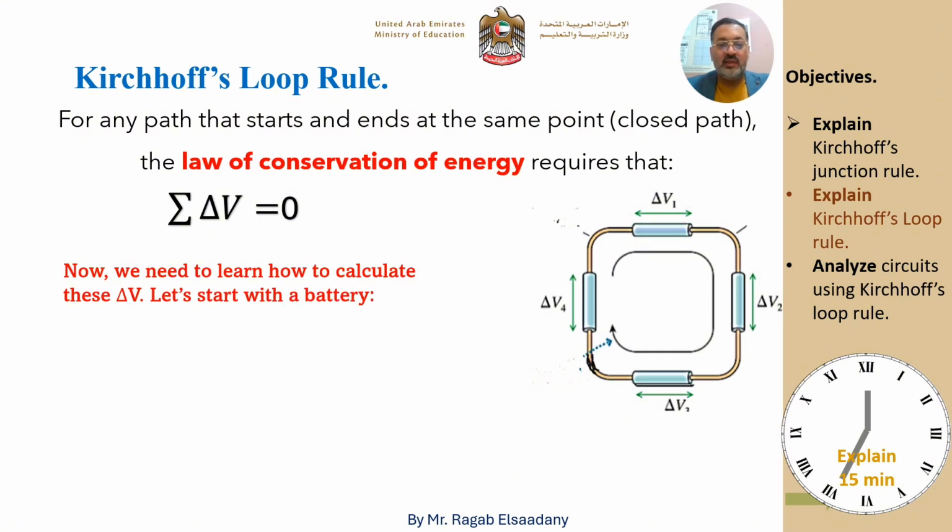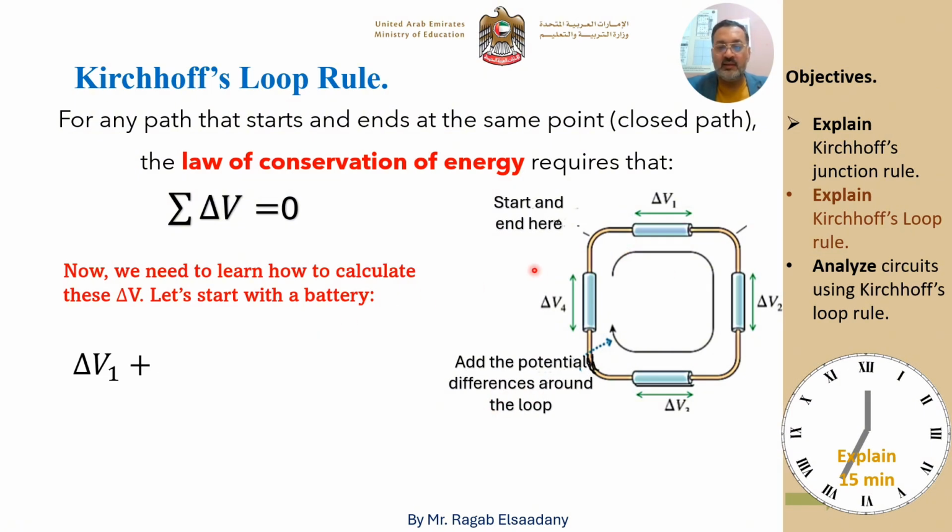Let's start with a battery or any position, like this start and end position here. If we start from here, we will go around the loop and come back here. This is a closed loop. Then add the potential differences around the loop.